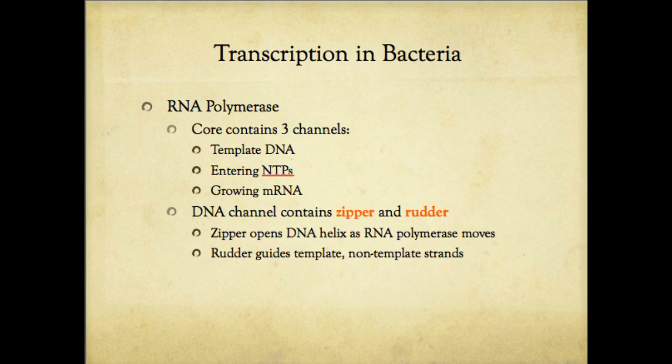These are just portions of the protein, the core protein, that have been folded in a way to allow them to jut out into the space of the tunnel. These structures are called the zipper and the rudder. The zipper is the portion of the core that helps open the DNA helix as the RNA polymerase moves along the template strand. And the rudder of the core helps guide the template in the right direction and the non-template strand in a different direction.